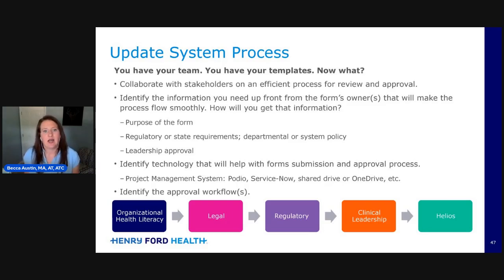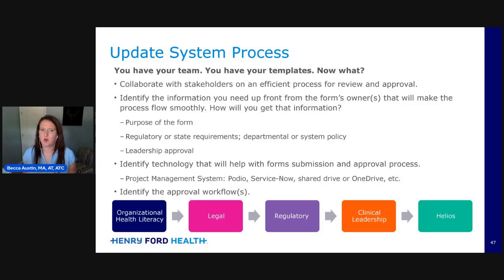We identified technology that helped. So it turns out everybody was using all kinds of technology and not one of us was using the same platform. And so this was something we really had to work on and we're still working on, as far as what is the project management system that helps us get through this process the most efficiently for everybody involved. And so there are different systems to consider.